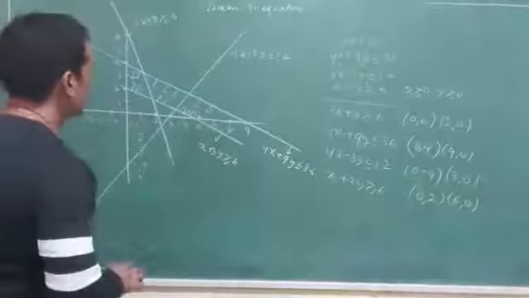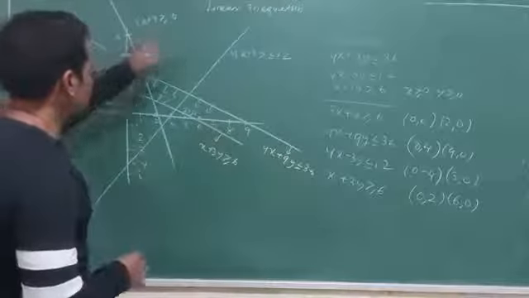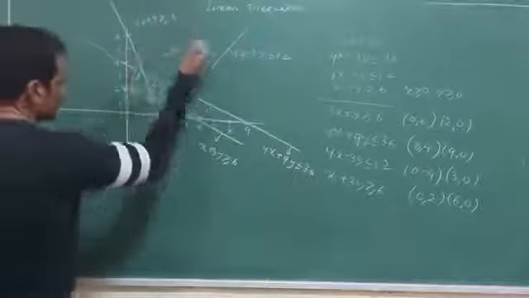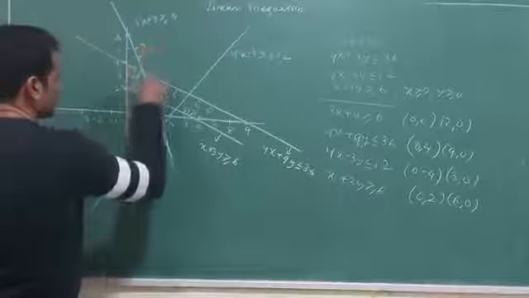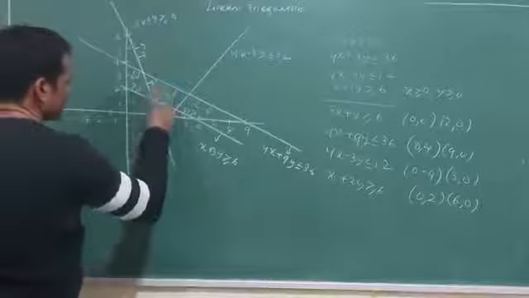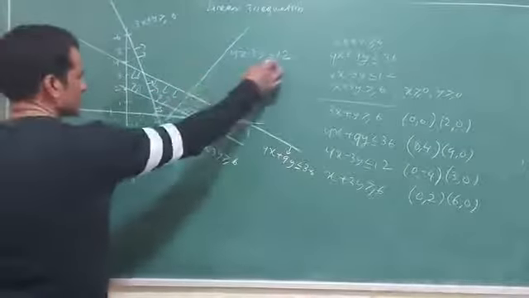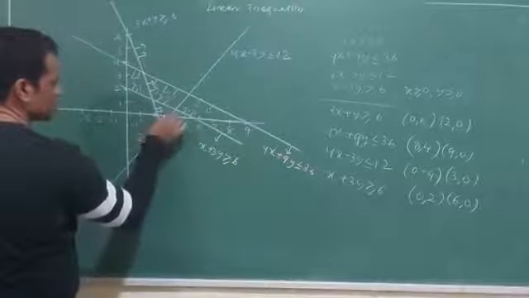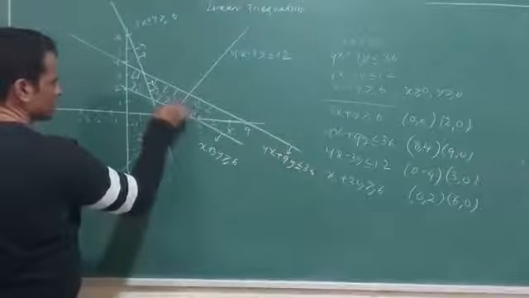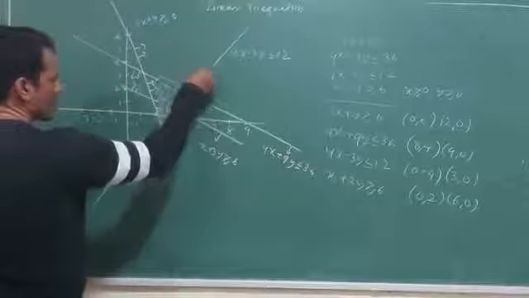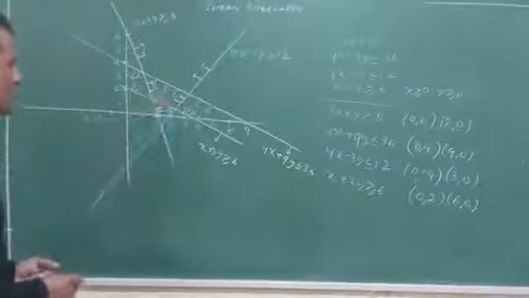Then this line 3x plus y greater than or equal to 6 is again going away from the origin. Then this line, less than or equal to, is coming towards the origin. You see where all the graphs are meeting.